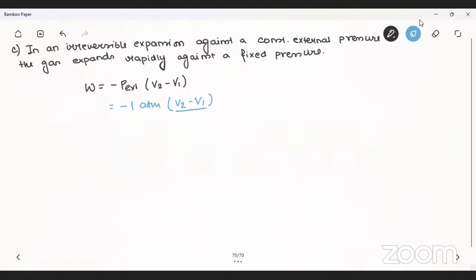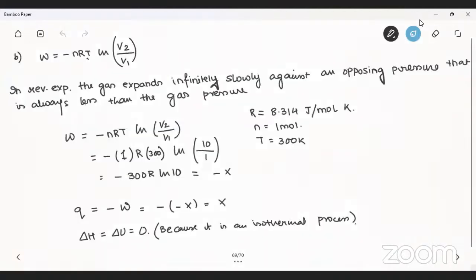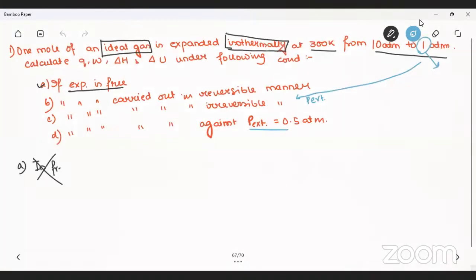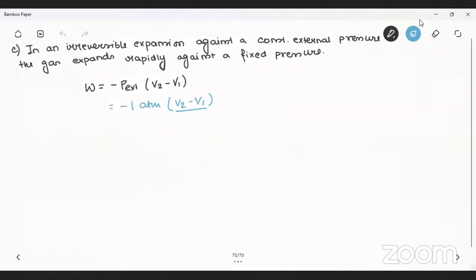But in your question, it is said it is an ideal gas. Yes or no? So yes, we can use the formula PV equals nRT. Remember, this formula can be used only for an ideal gas.